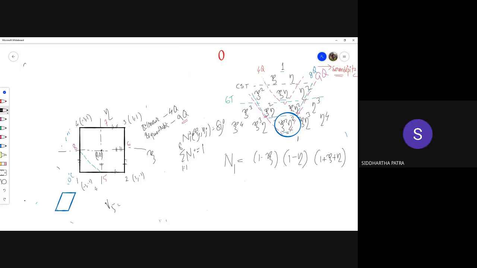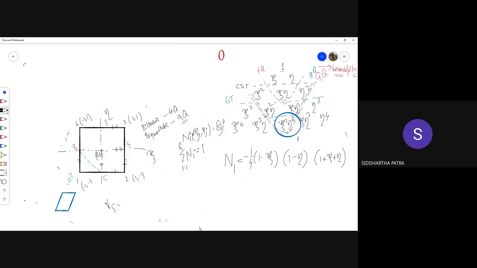Now if you substitute the values xi equals -1, eta equals -1, what value do you get? -4. So you divide this whole thing by -4, and that's when you get your shape function.